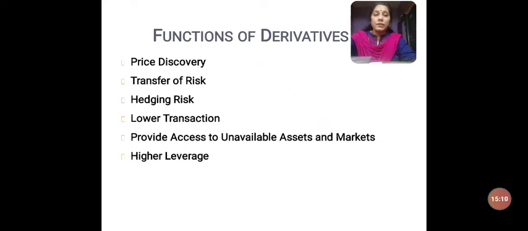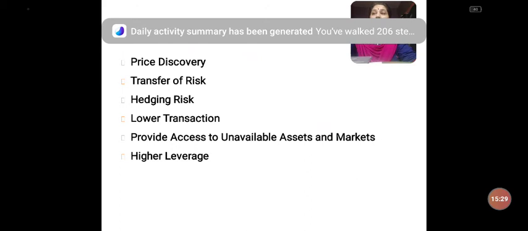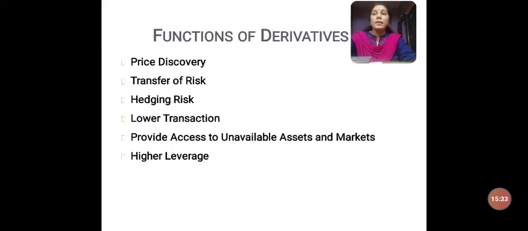As I gave you examples of mangoes, in a futures contract on 30th of March you could derive a price, and in a forward contract on 1st of Jan itself you could derive a price. Future and forward contract prices are used in determining the future spot prices. So this way it is beneficial in discovering prices.